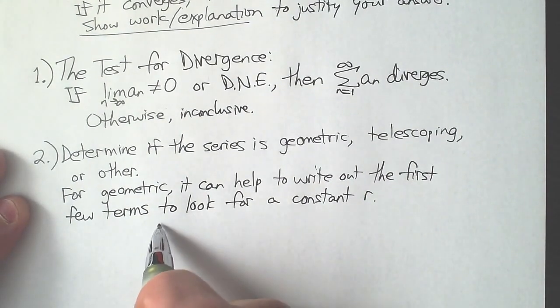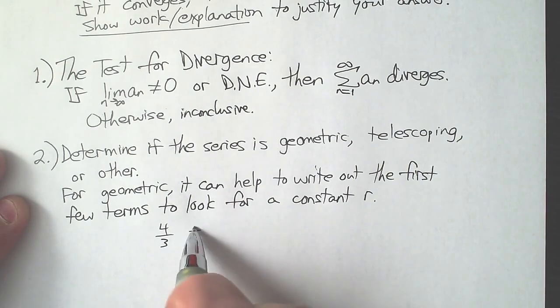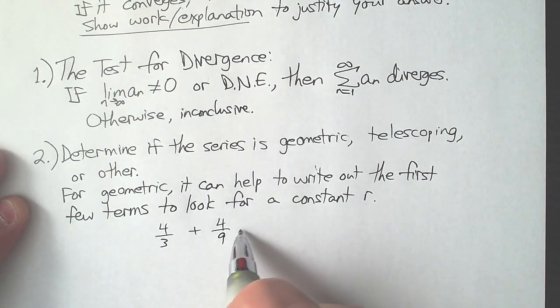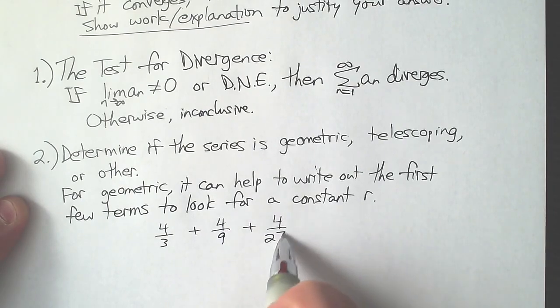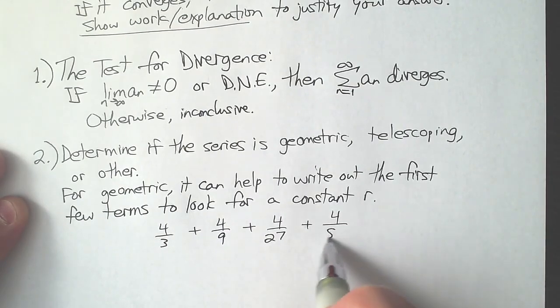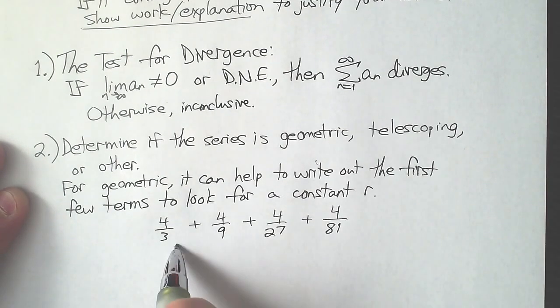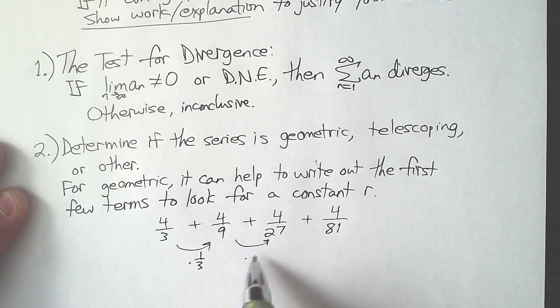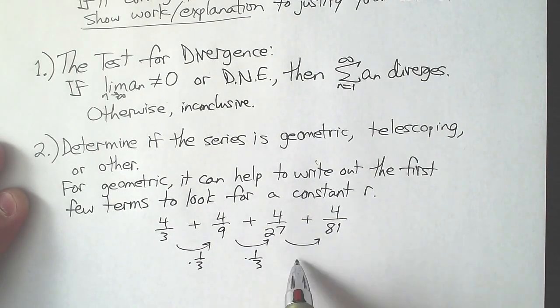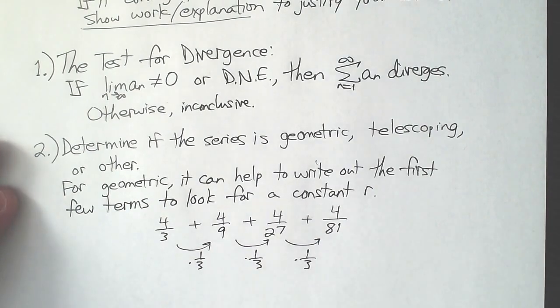I think the example we did that with looked something like this, where we have a times 1/3 times 1/3. If you can use the first few terms to identify a constant like that, it could help you identify that it is geometric.